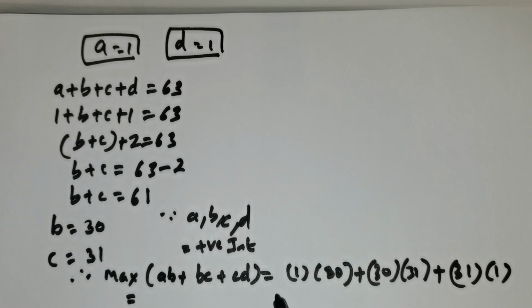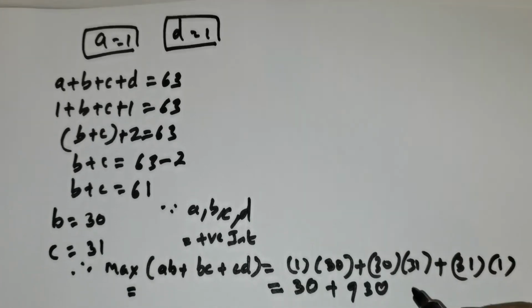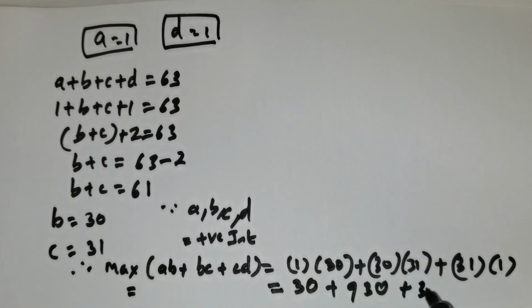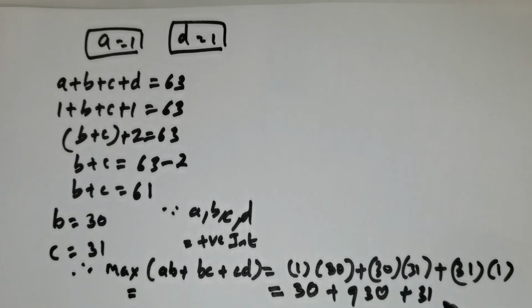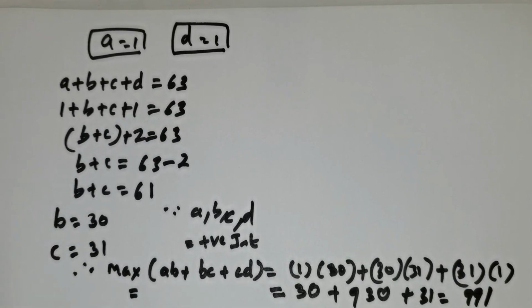So calculating, this is going to be equal to 30 times 1, which is 30. Of course, I need to multiply 30 with 31. So that's going to be 3 ones are 3, 3 threes are 9, and 0, so 930. Plus 31. So when you add all these things, you get 991. So that is the solution.